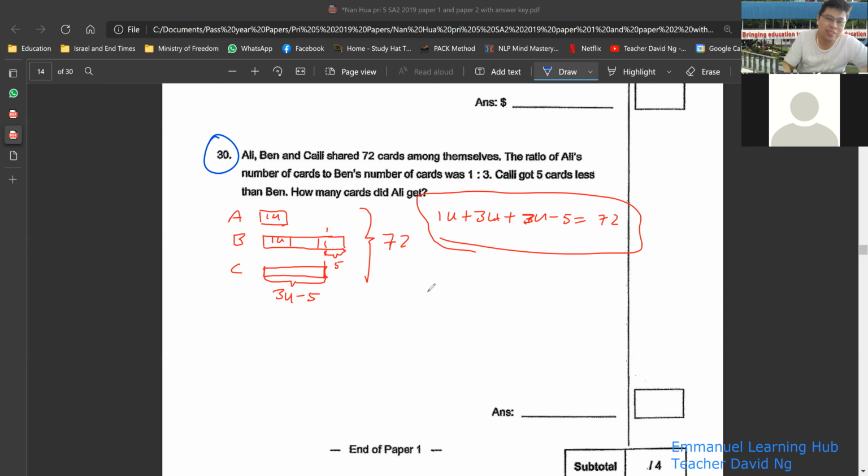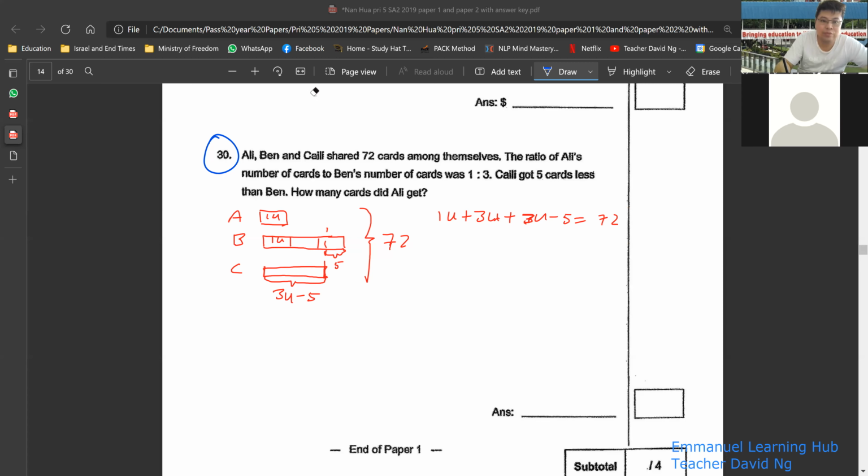To be frank, without the model, it's almost impossible to write out this mathematical statement. Therefore, it is essential to draw the model, so that you can form your own mathematical logic and establish this equation.